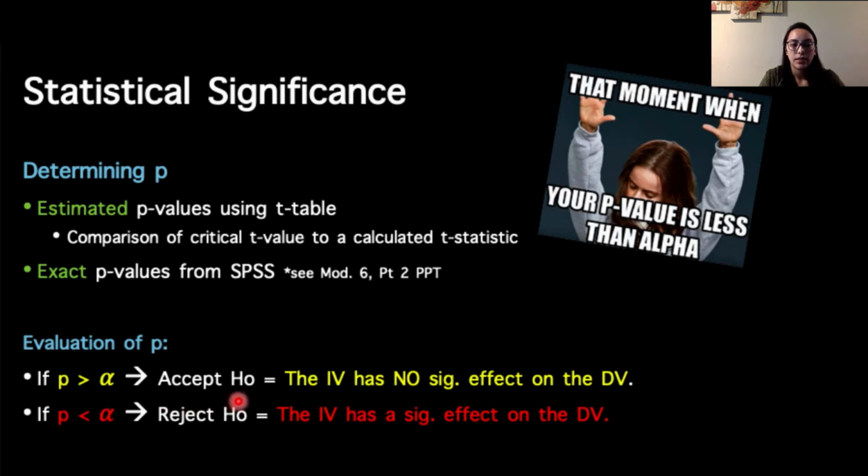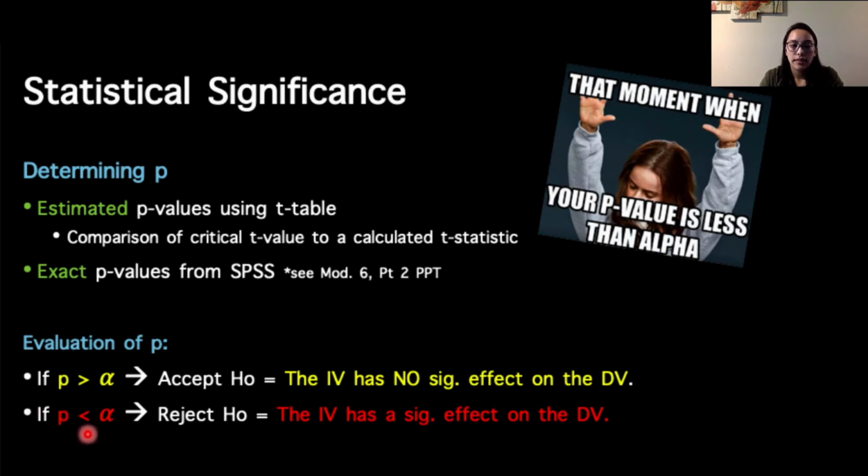That indicates that we should accept the null hypothesis, because there's likely a large chance that there could have been type 1 error, or that the effects of our intervention weren't strong enough to change the mean of the experimental group. Right, so in this case, if p is larger than alpha, we accept the null hypothesis and argue that the independent variable has no significant effect on the dependent variable.